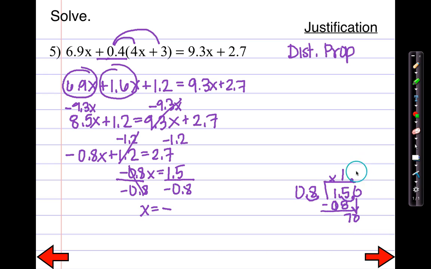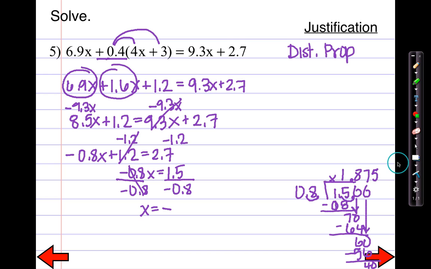Let's see, 8 can go into 70, let's say about 8 times, with a remainder of, let's see, 6, bring down another 0. 8 goes into 60 about 7 times, which is 56. So here, if you continue, 8 goes into 40 nicely 5 times.